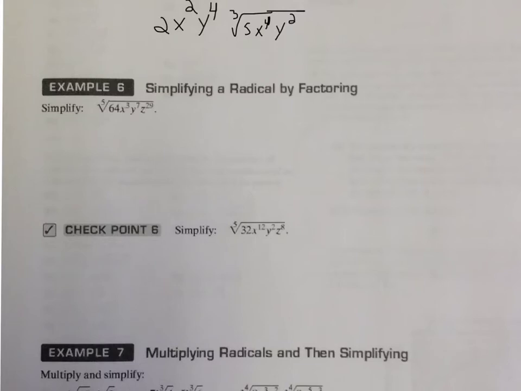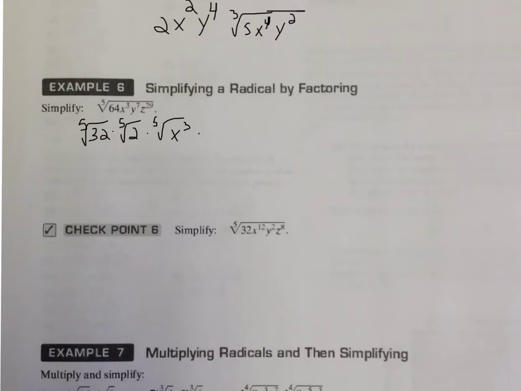So 32 is a perfect fifth root. So we can write this as the fifth root of 32 times the fifth root of 2. And we've got this fifth root of x cubed. X cubed isn't big enough for 5 to go into evenly, so we're just going to keep it as the fifth root of x cubed.